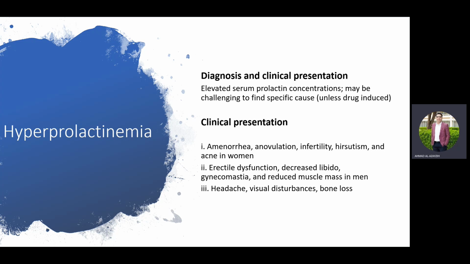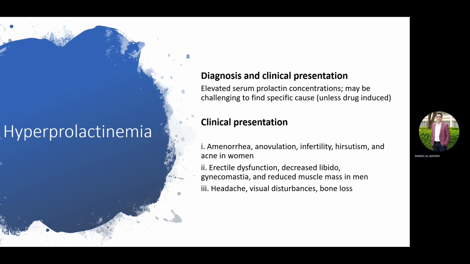What are the clinical presentations for patients with such a problem? If we talk about women: amenorrhea, anovulation, meaning they have no ovulation, a kind of infertility, and hirsutism, abnormal hair growth on the face or the sides, where there should be low hair growth or none at all.